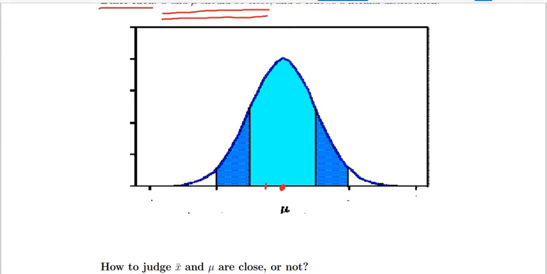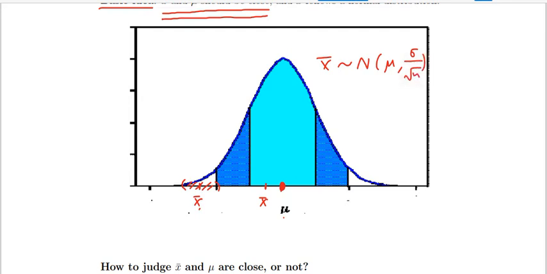Then we can say, oh, this mu maybe is true. But if x bar is here, then their distance or difference is too huge. So if x bar is here, we believe the population mean is also in this part, right? We know this x bar follows a normal distribution, mu and sigma over radical n.